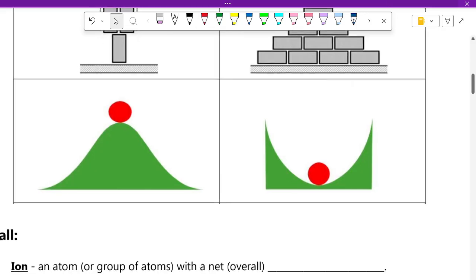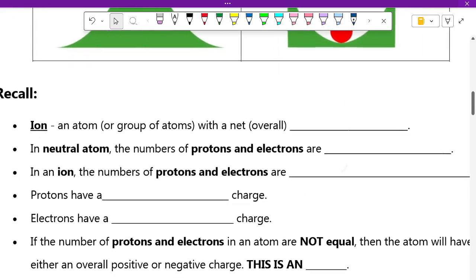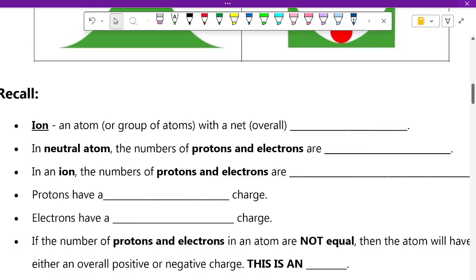All right. Now, let's recall, an ion is an atom or a group of atoms with a net, which means an overall, what? Charge. In a neutral atom, the number of protons and electrons are the same, or equal.